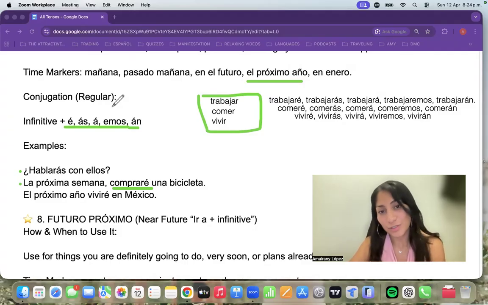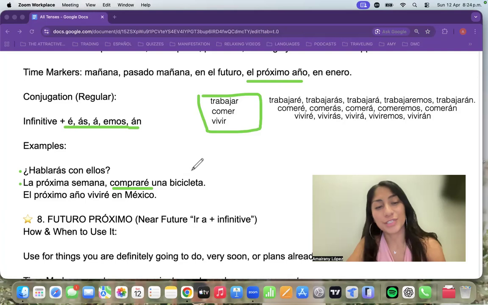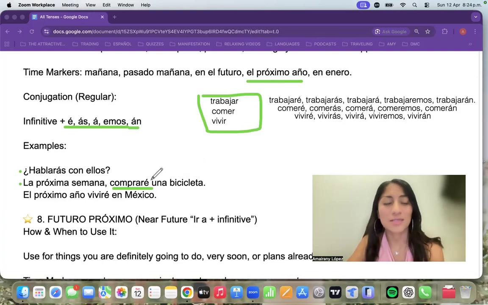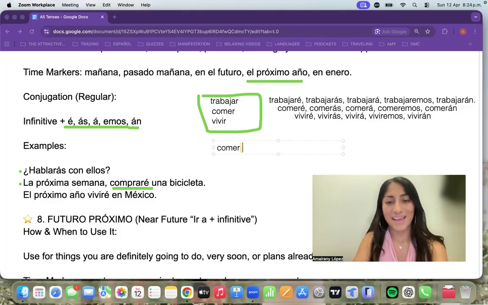Now, when do we use the future? We use it for future plans, we use it for predictions, we use it for promises, right? So that's how we use this tense. And okay, now my three sentences would be comeré sushi mañana.